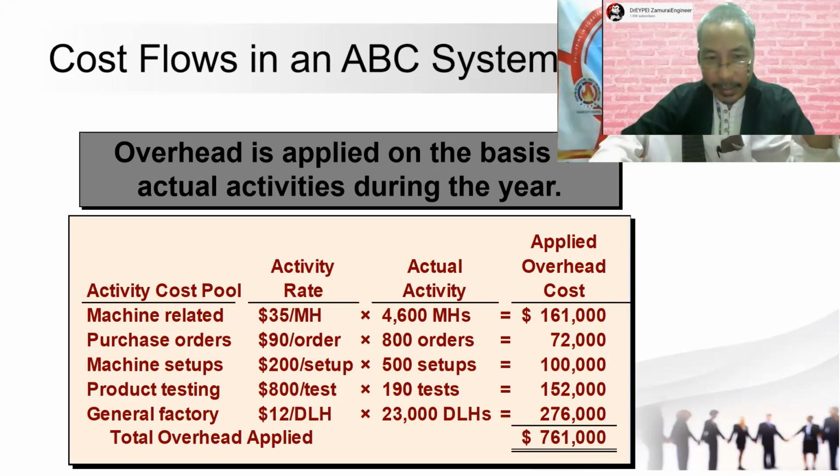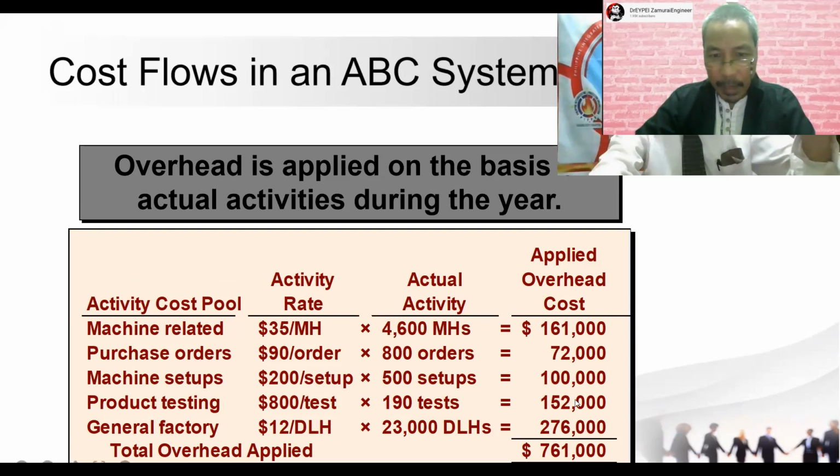For the second line, for example, you have an actual activity wherein there are 800 purchase orders that happened that year. And the next one is how many machine setups? 500 machine setups happened that year.